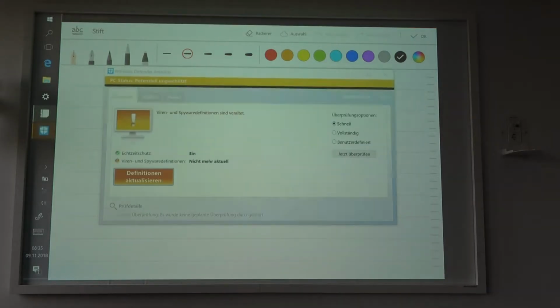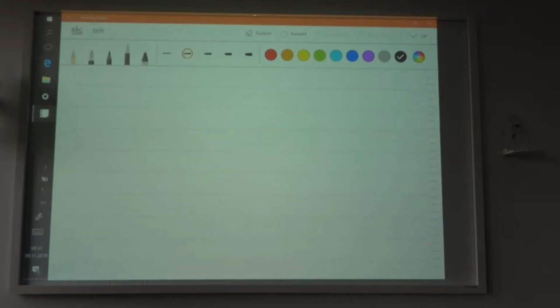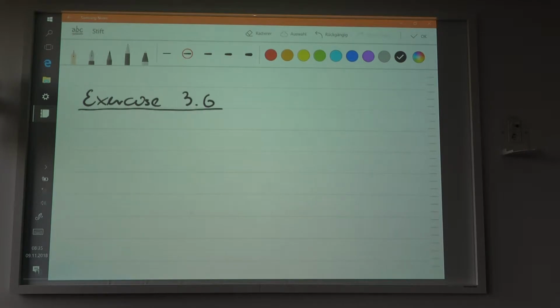3.6. Okay, so apologize for that. And this was about the autoregressive process. Okay, so this is exercise 3.6, and we had an autoregressive process here.